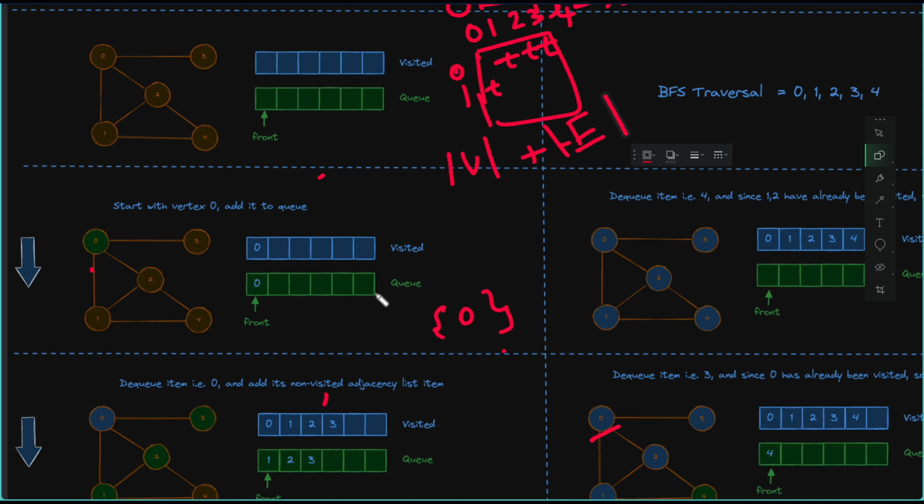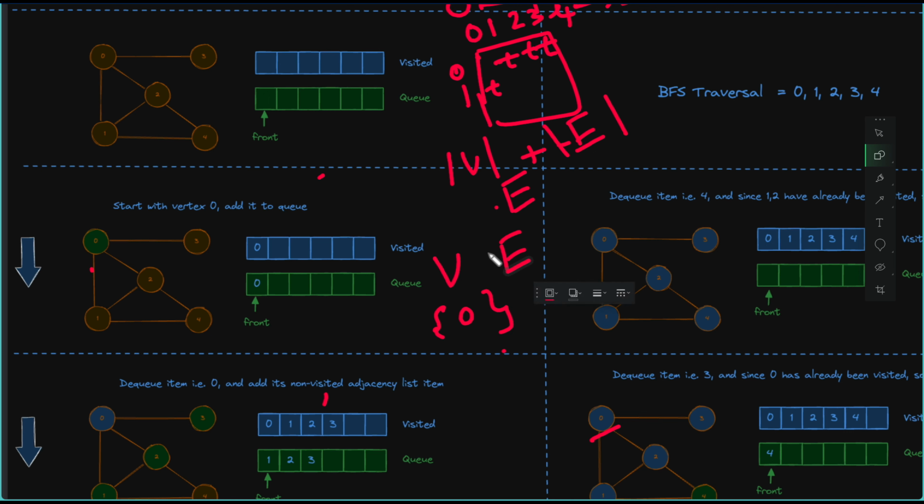But then we loop on the neighbors of the vertex that we pop out. At maximum, all the neighbors will be equal to E, because those are the number of edges. So that's why our time complexity is O of V plus E, and it's not O of V times E, right? Because at max we process V vertices, and across all the vertices at max we will process E edges. Not that for each vertex we are processing all the E's.